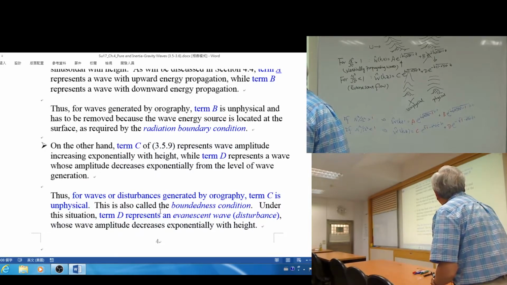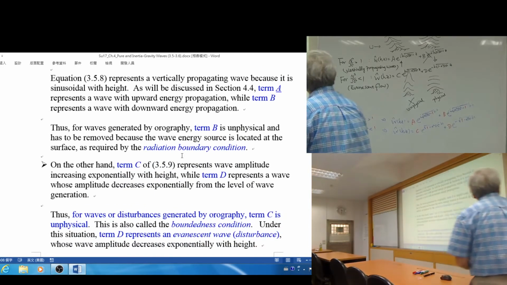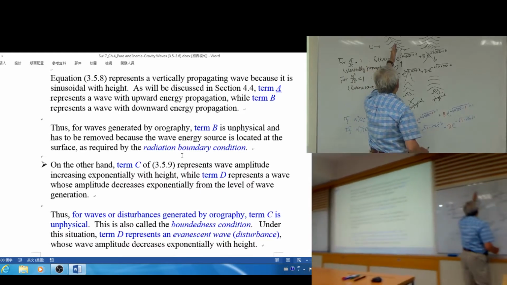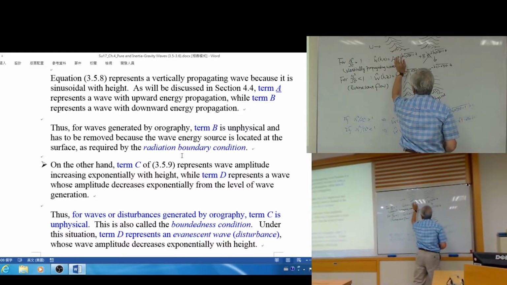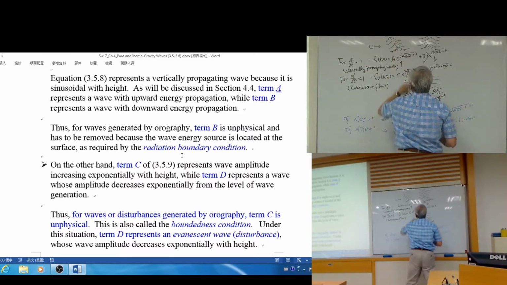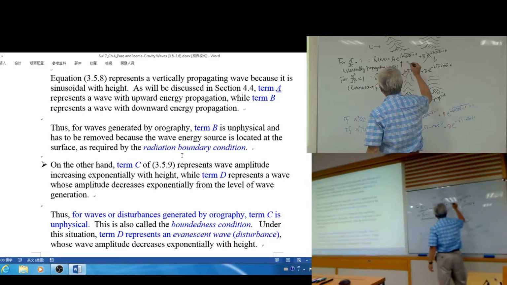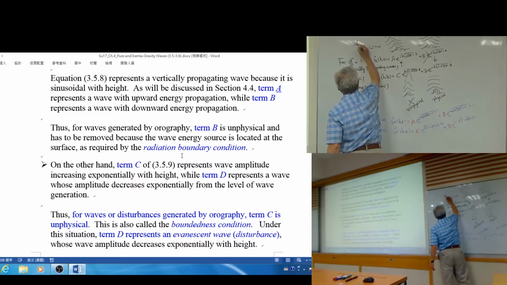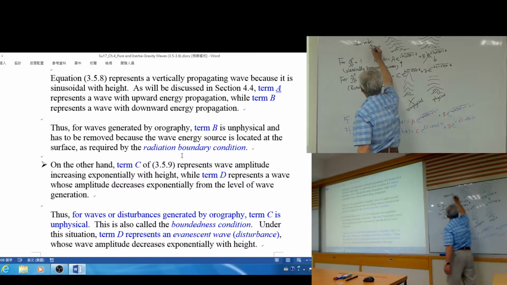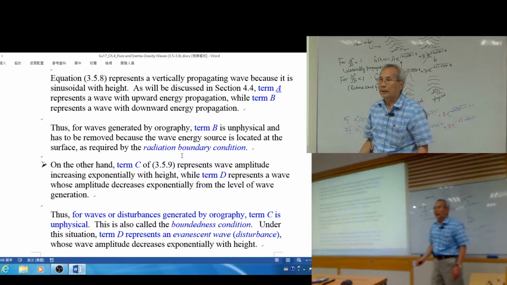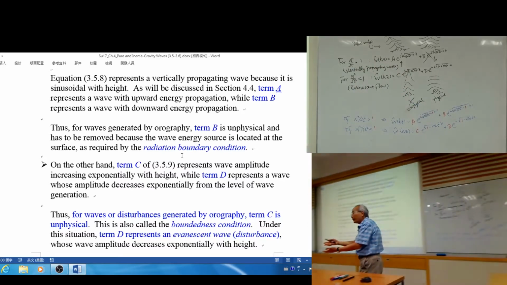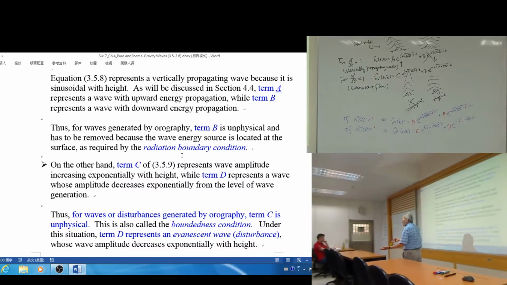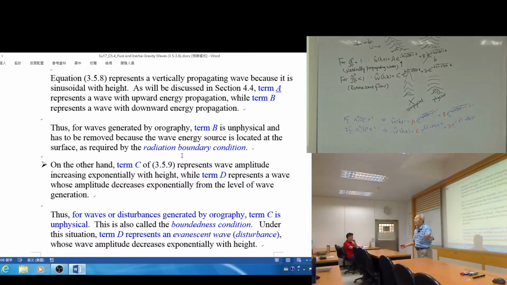This means the energy is going to propagate upward, and this boundary condition is called the radiation boundary condition. Radiation doesn't mean the heating or cooling type of radiation. Here it means the radiation of the wave energy.